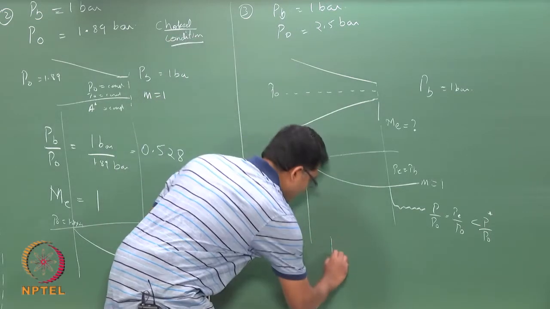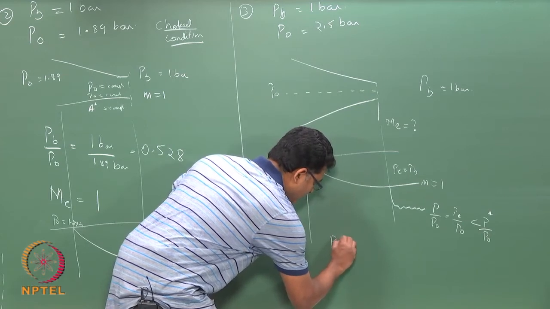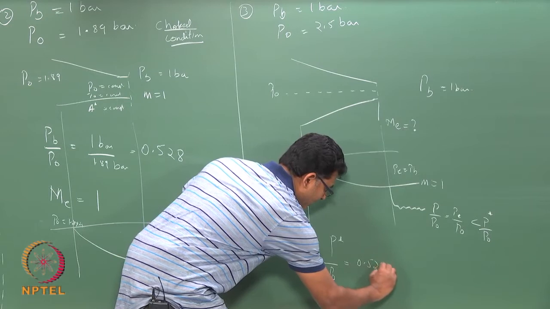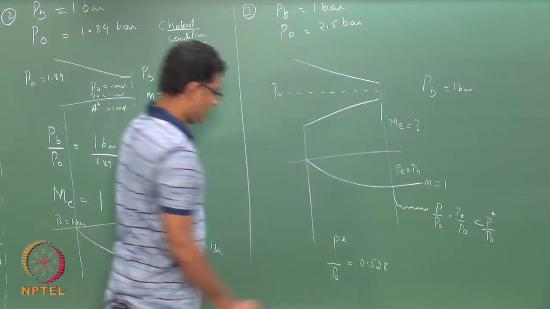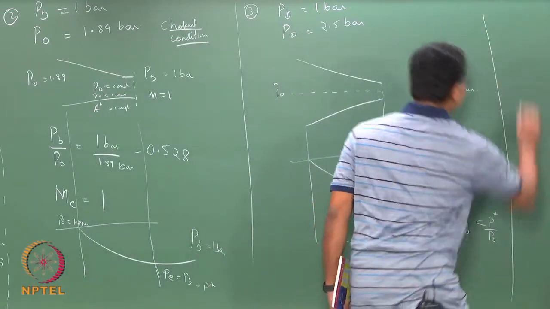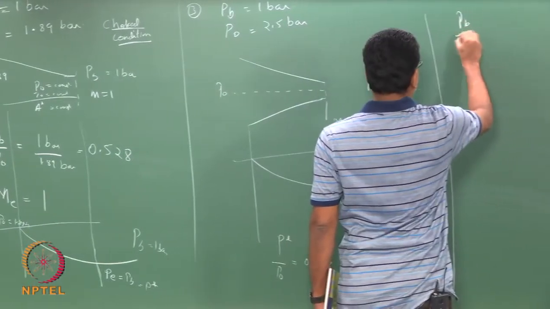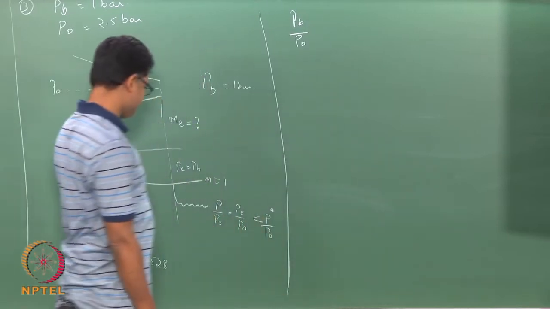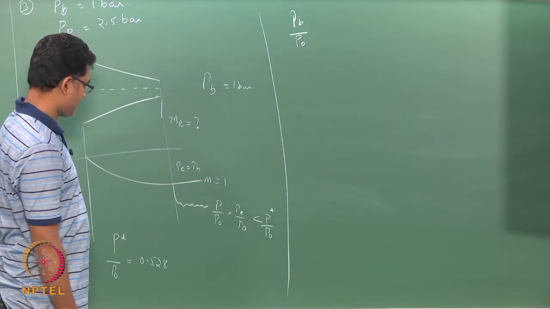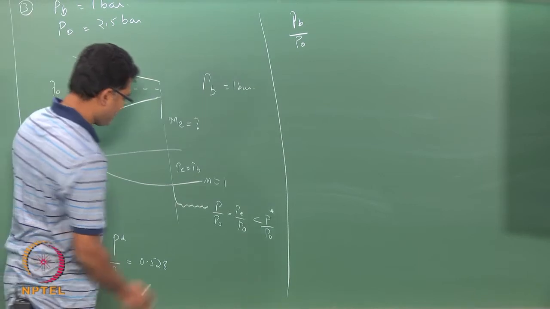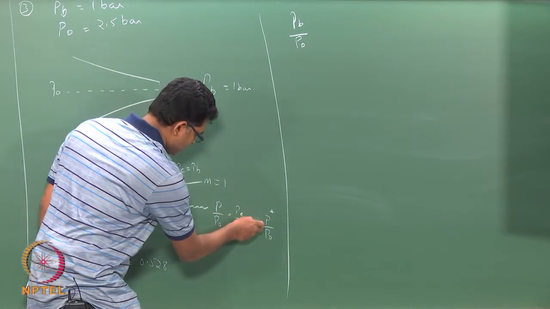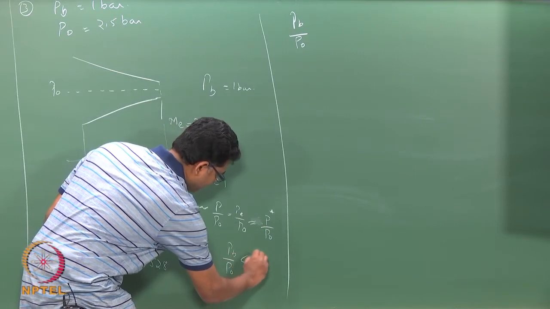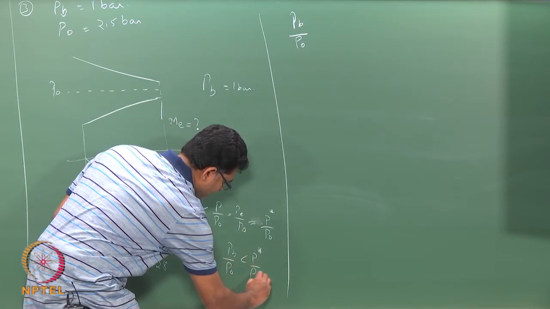So, P star by P0, we know it is 0.528, and now the PB by P0 should be less than your P star by P0.